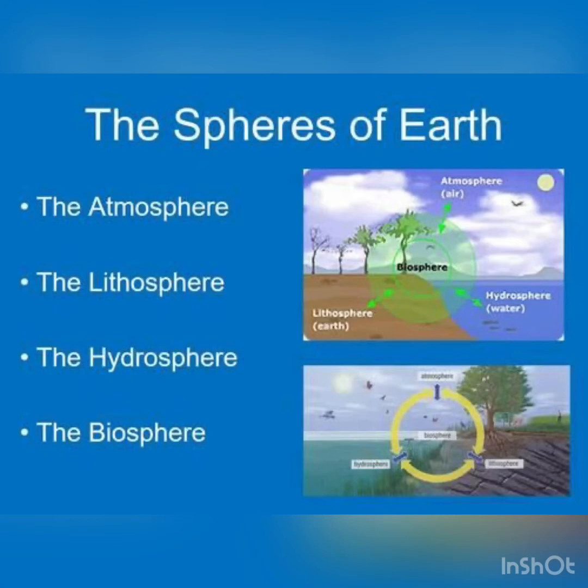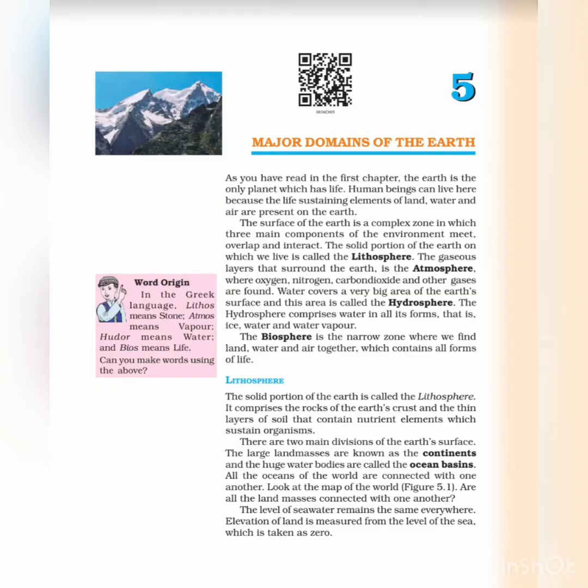So now let's study the four domains in detail. The very first is lithosphere. Now children, the word lithosphere is derived from the Greek word lithos, which means stone or rock. The hard crust forms the outer solid surface of the earth on which we live, and it is known as lithosphere.